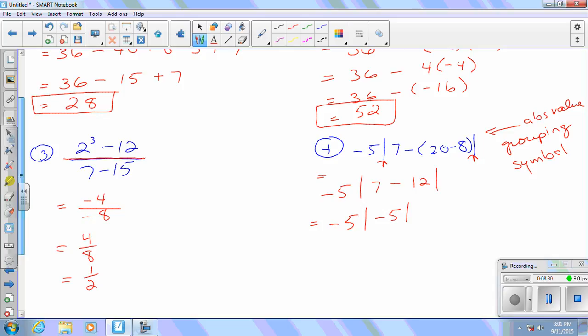The absolute value of -5 is +5. So we've got -5 times +5, and a negative times a positive gives me a negative answer, and it'll be -25. Okay, so a few steps in that one. Treat the absolute value symbol as though it's an outer set of brackets.